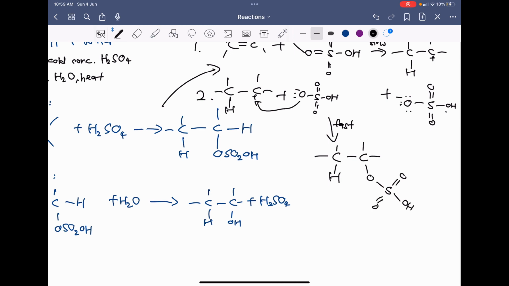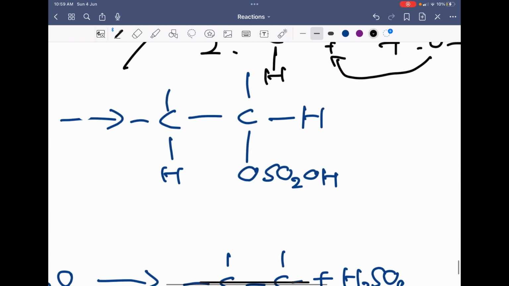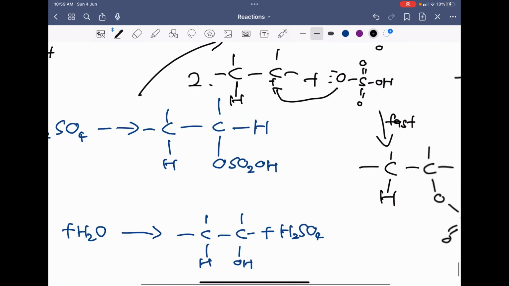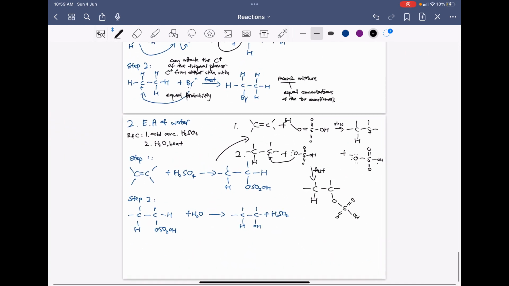And this product is the same as this product here. So here is the rough idea of the electrophilic addition of water.